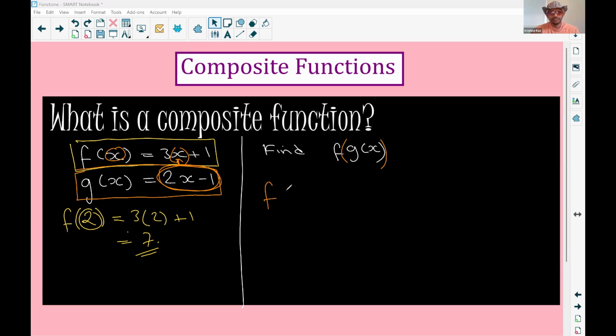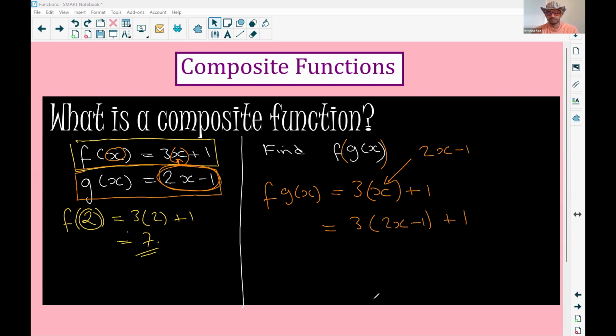So f of g of x equals 3 bracket 2x minus 1 plus 1. Yeah, because f was 3x plus 1, and we're replacing this with what g is, which is 2x minus 1. So that gives us 3 times 2x minus 1 plus 1.